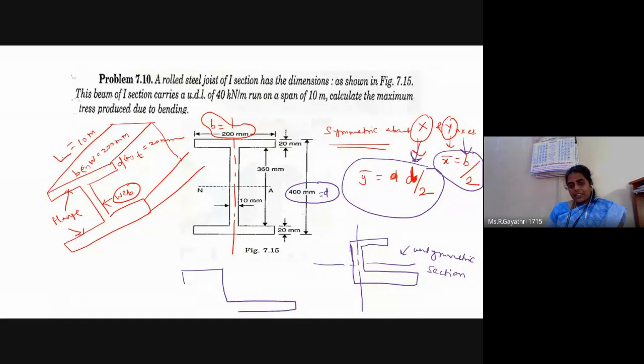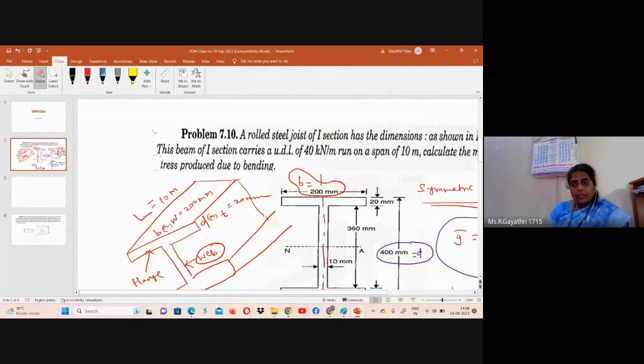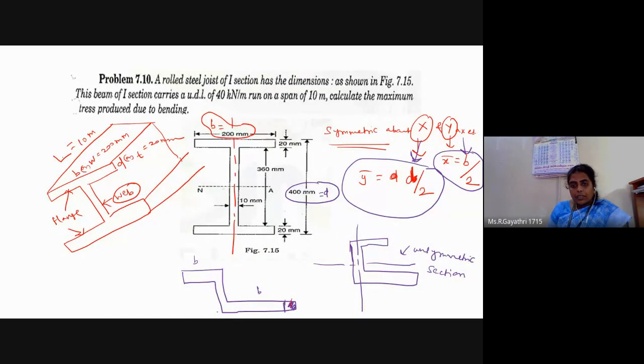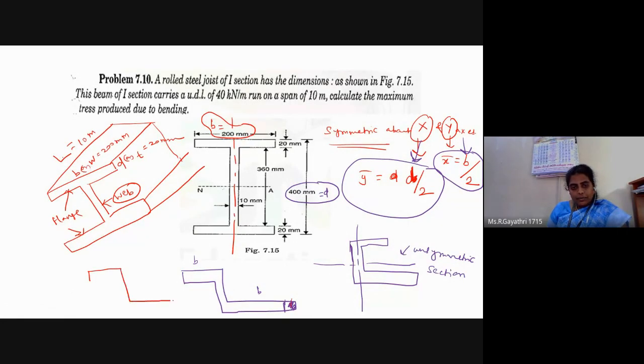This is an anti-symmetric section. Okay, this breadth is equal to this side breadth, and the flange depth is also the same.